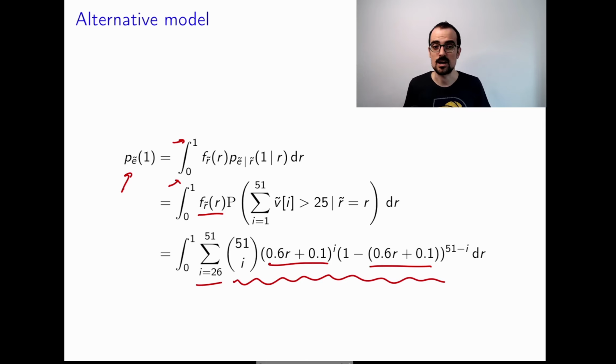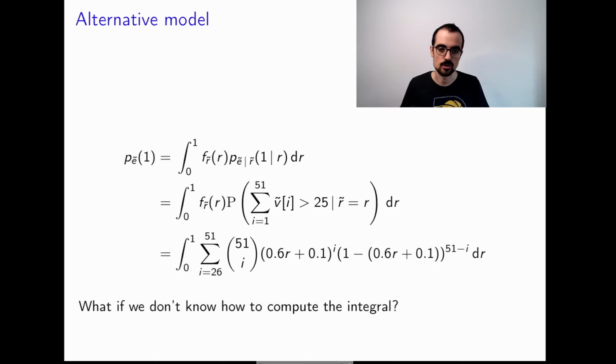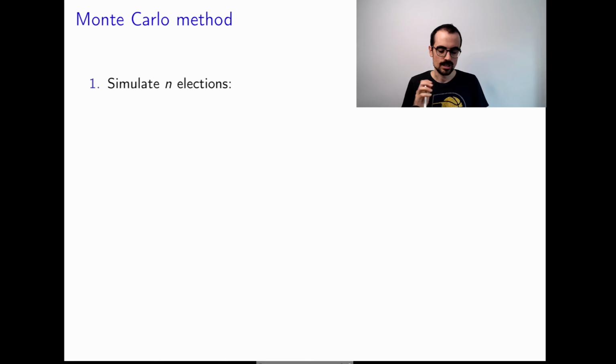And that's exactly how people do probabilistic modeling in practice, in particular, how they model elections. So they predict the election over and over and over again. So what if we don't know how to compute the integral? We simulate. And actually, we never know how to compute these integrals. We just simulate.